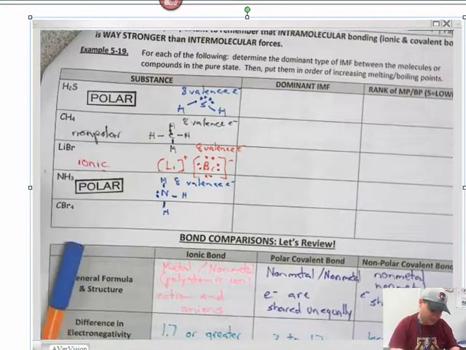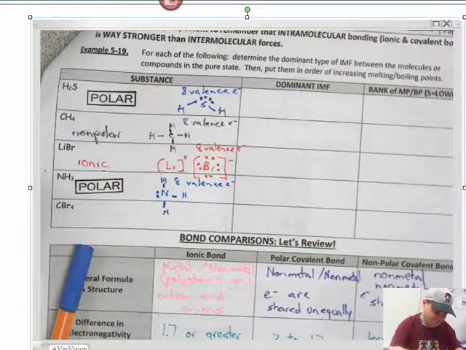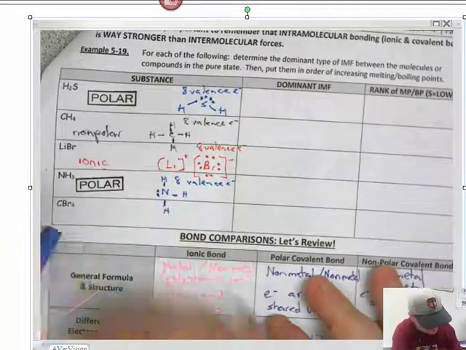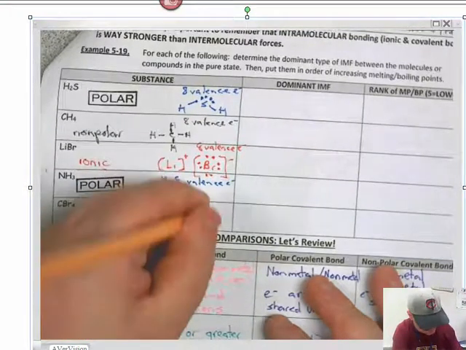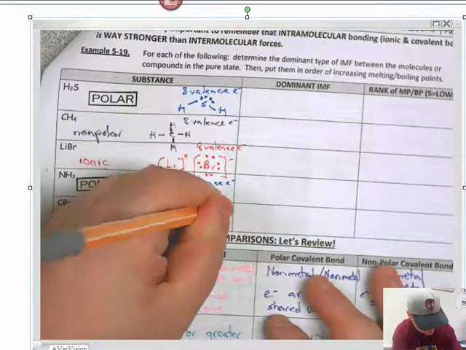And then finally, we're going to do CBr4. Okay, bromine has 7 times 4, 28 plus 4 is 32. So we're doing 32 valence electrons on this one here.